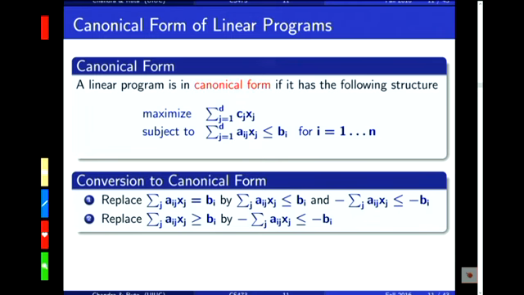I claim that it is a closed set. What do I mean by closed set? If you take a sequence of points inside this feasible region, and if it has a limit, then the limit is also in the feasible region. You know the definition of closed set, right? As soon as you make it strictly less than, it becomes an open set.